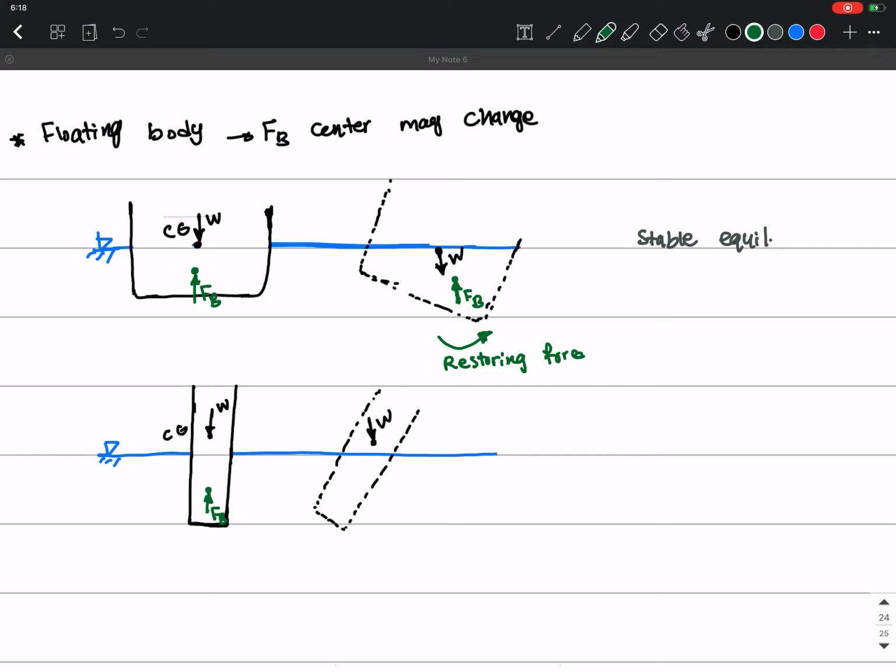And then I have the buoyancy force, which acts here. So if you take the moment around the center of gravity, you will see that you have a force that tries to overturn this, right? So here we have an overturning couple, and thus we have an unstable equilibrium, right?